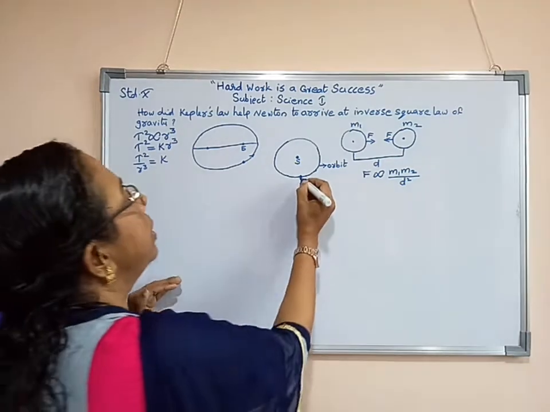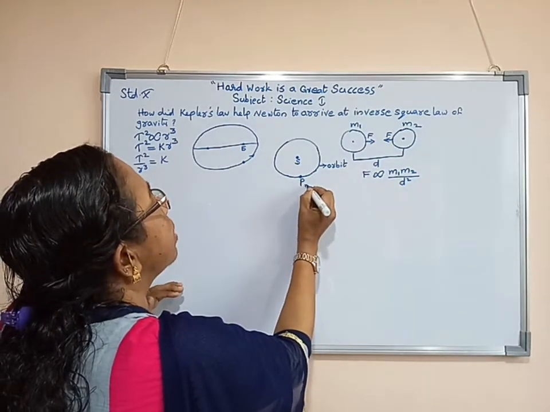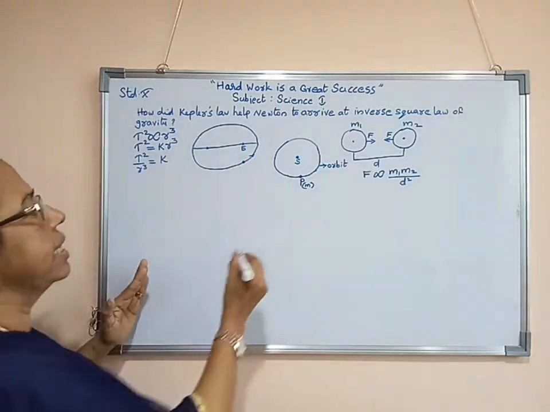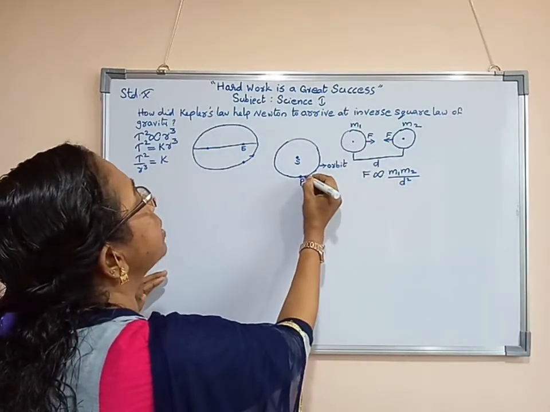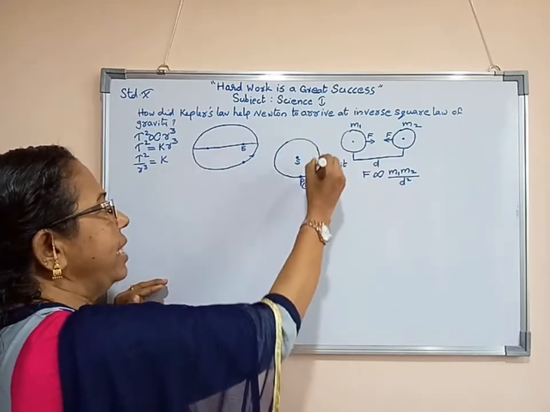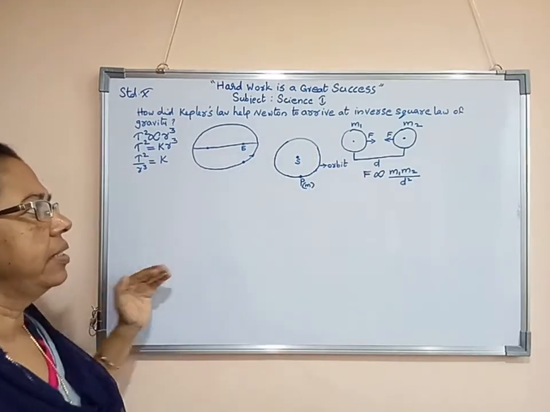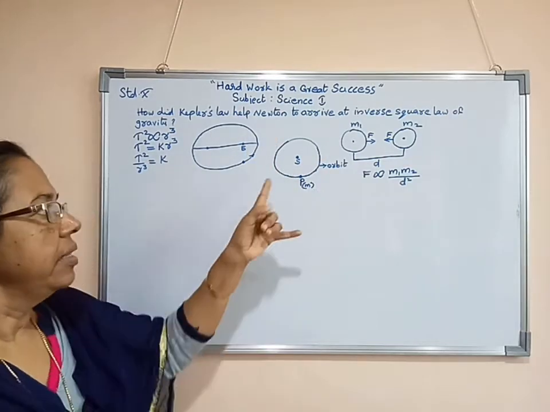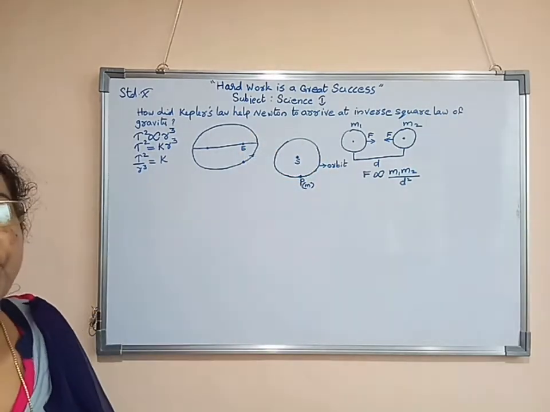Now this planet, its mass I am mentioning as small m. Around the sun through a specific orbit the planet moves. We have to just imagine the planet moves with a uniform velocity.